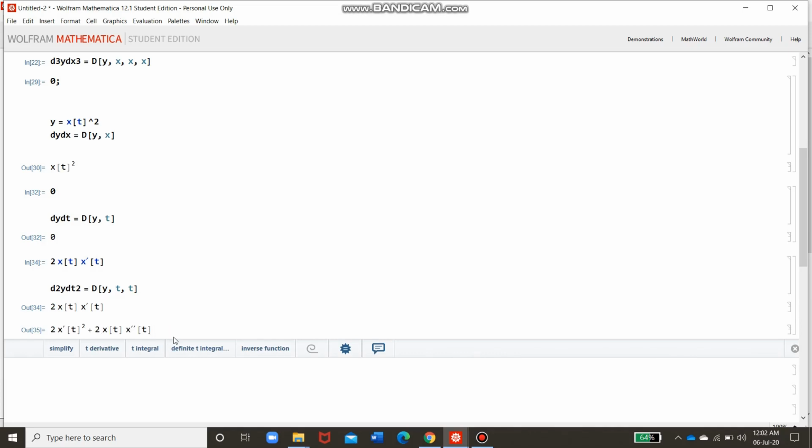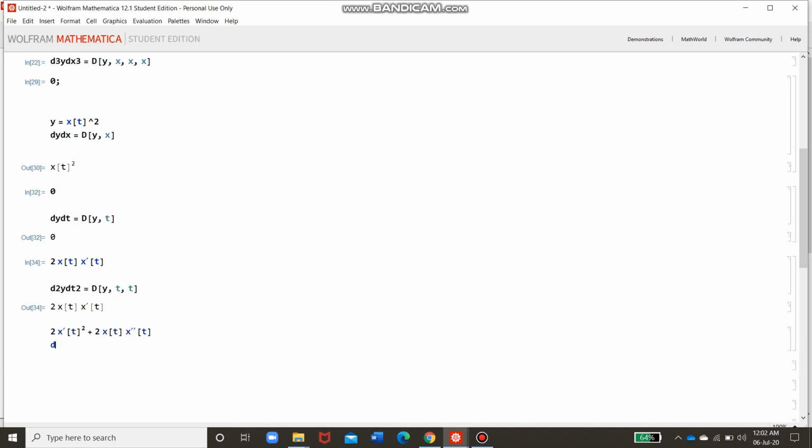So I hope you understood what is the chain rule and how it works. If you want, you can even find d3y by dt cube. That is going to be more simple, you just have to add more t's to it. So y comma t comma t comma t. You close the square brackets, enter.